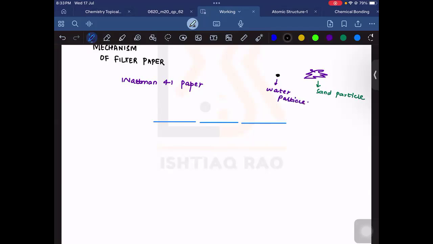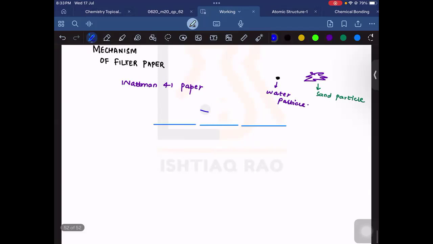So the filter paper will not allow the sand to pass through. Why? Due to its larger size.